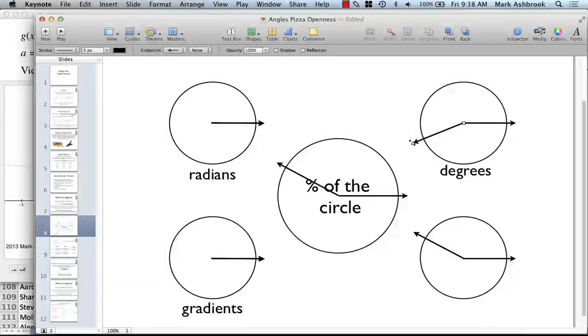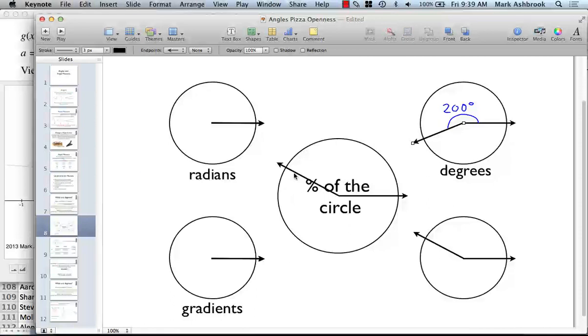I'm looking over here. This is my degrees circle. So here's 200 degrees. And what I want to know is, how many radians is that? So where do I start?